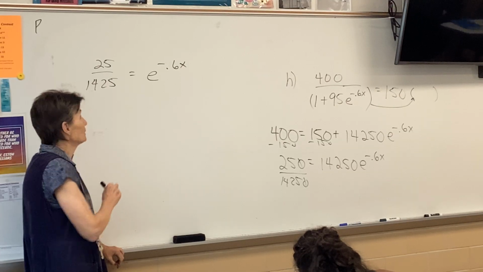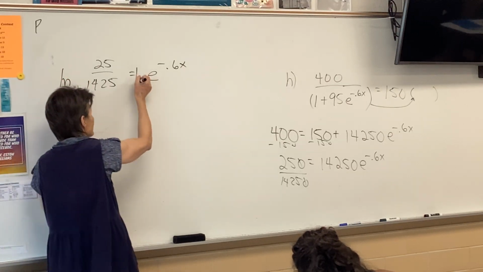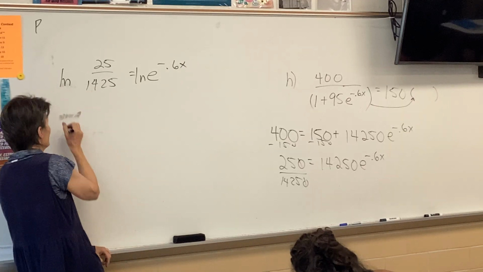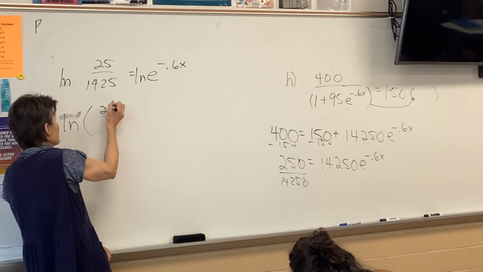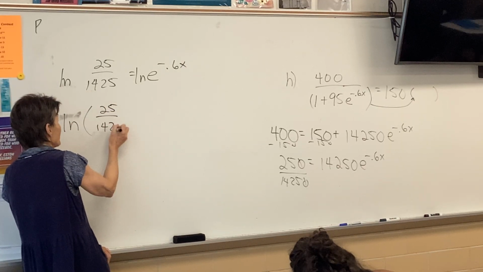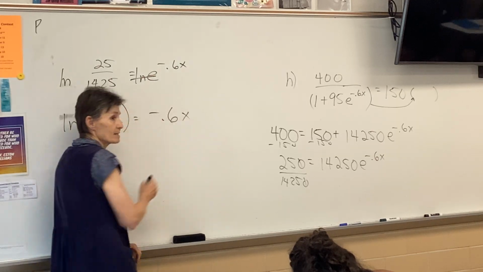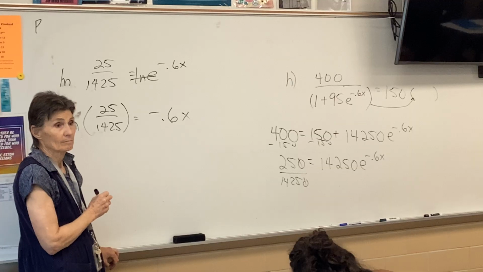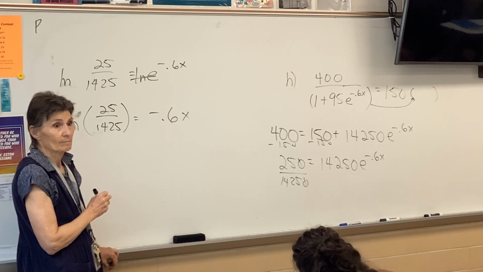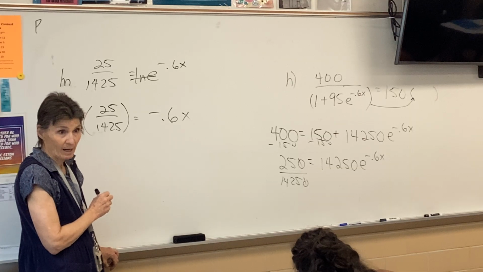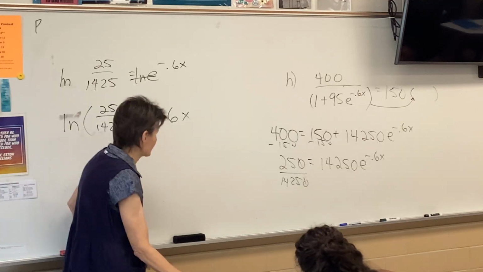Now I can ln both sides. So the natural logarithm of this fraction equals negative 0.6x. And then I'll divide by negative 0.6.